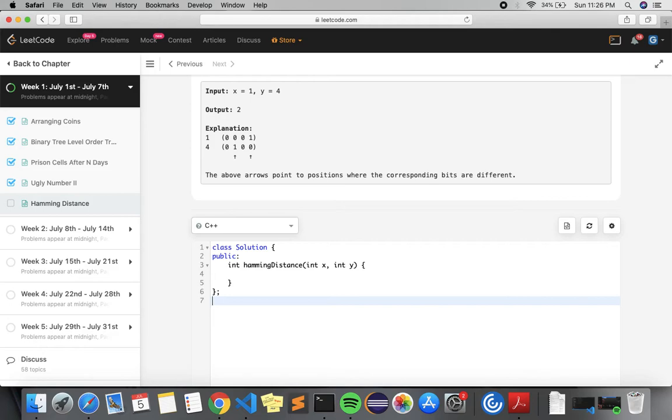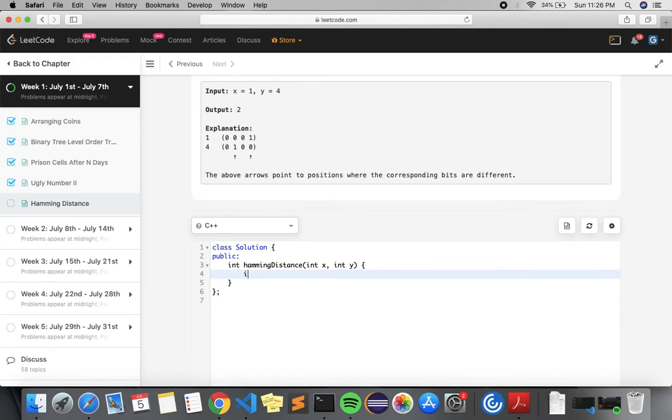So let's see this algorithm in code. We are iterating from the 0th bit to the 32nd bit, because I'm assuming this question is for 32 bits at most.